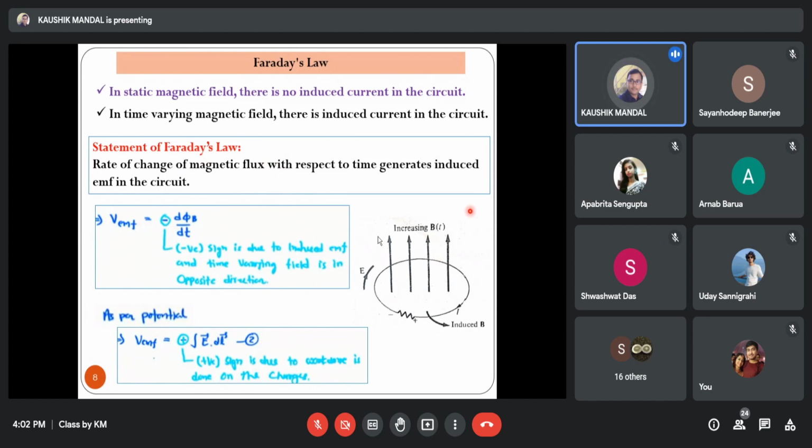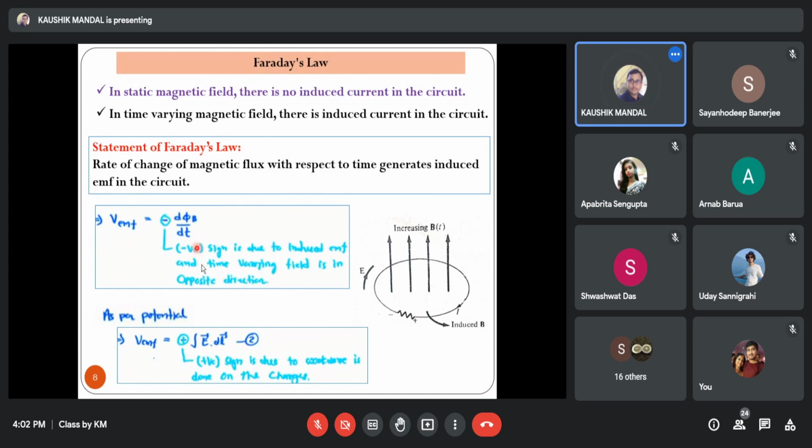So Faraday's law deals with the time varying magnetic field, where he states that for a time varying magnetic field there must be some induced current in the circuit, and as per this statement, the rate of change of the magnetic flux with respect to time will induce the electromotive force in the circuit. So what will be the V of EMF? That is equal to minus d phi b dt.